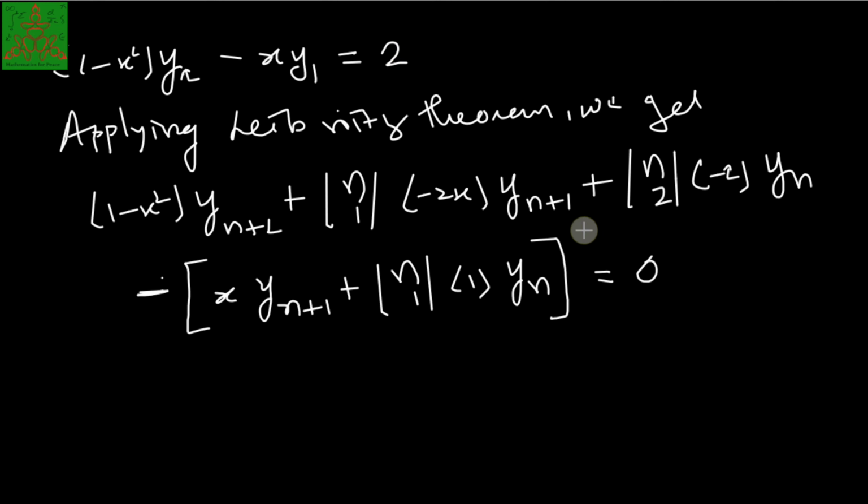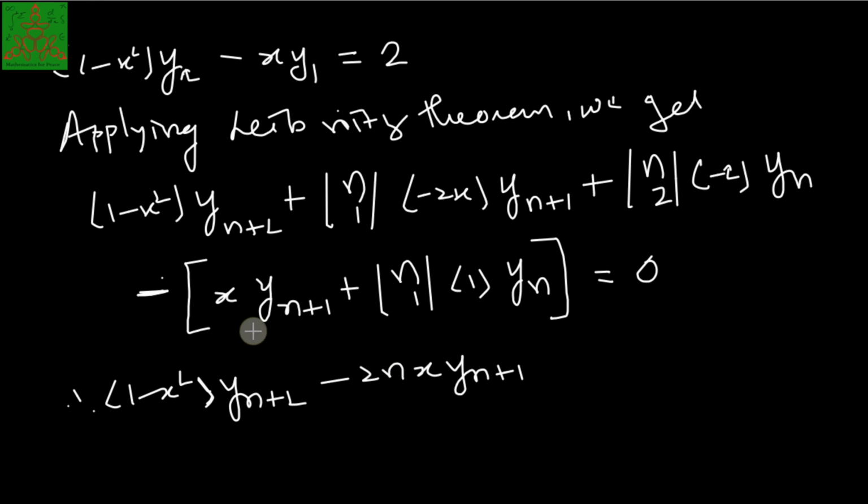If you simplify this, then it will be left with 1 minus x square yn plus 2. nC1 is n, so it is minus 2nx yn plus 1, plus minus 2 will get cancelled. nC2 is n into n minus 1 by 2, 2 will get cancelled out.